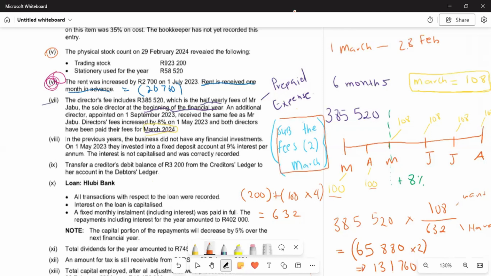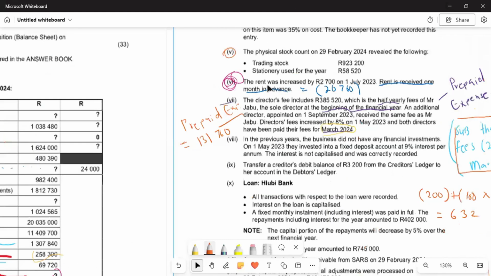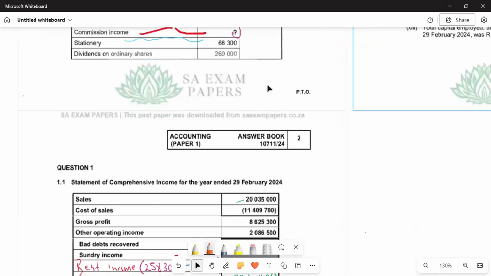So for this director's fees, I said this is prepaid expense. And how much is that prepaid expense? It is 131,760. So let us go and subtract this amount on our director's fees.